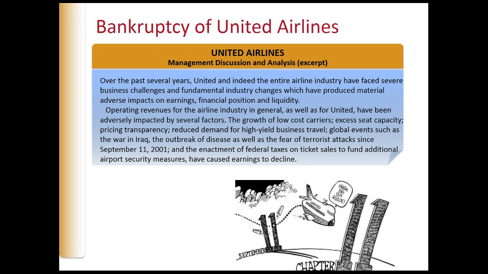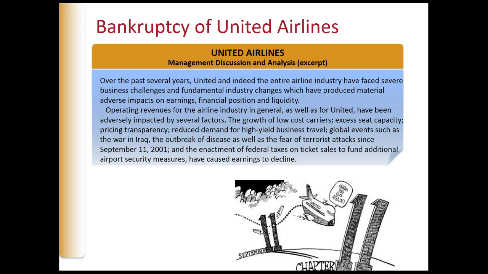Now, the U.S. airline industry has experienced a lot of financial difficulties over the past several years, resulting in greater risk to investors. Several major airlines were forced into bankruptcy because they weren't able to pay current liabilities. As this slide shows, an excerpt from the annual report of United Airlines, they talk about this problem.